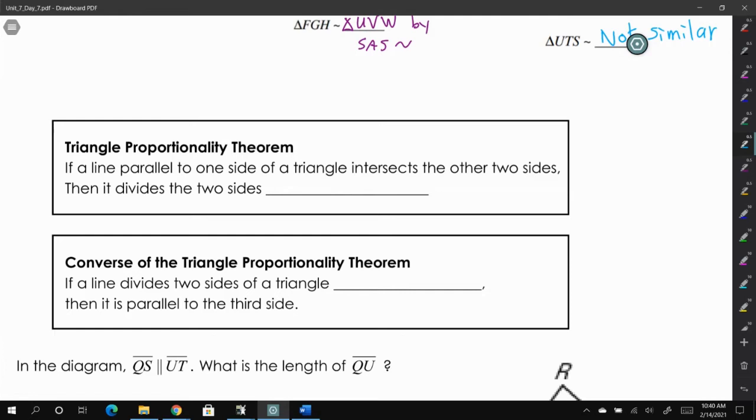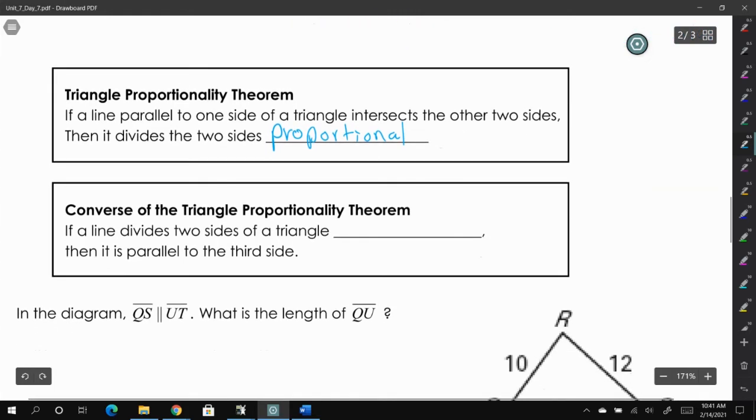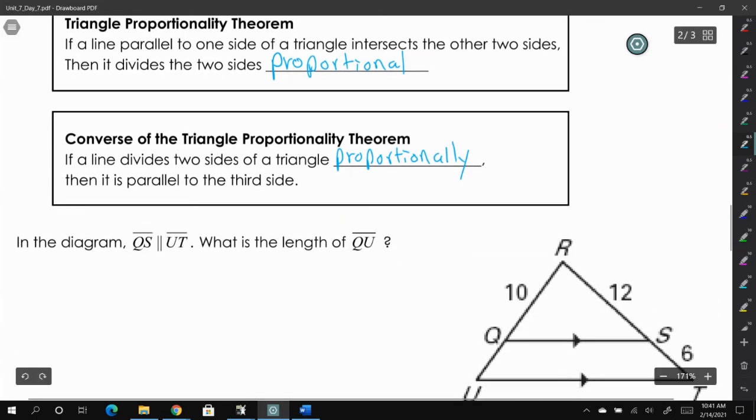So if a line parallel to one side of a triangle intersects the other two sides, then it divides the two sides proportionally. And then the converse is true as well. If a line divides two sides of a triangle proportionally, then that line is parallel to the third side.